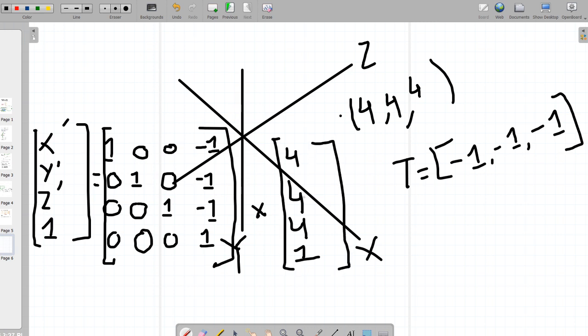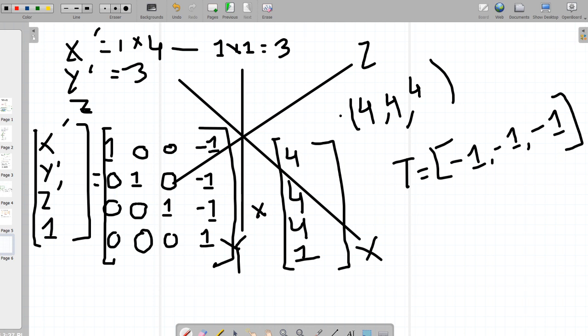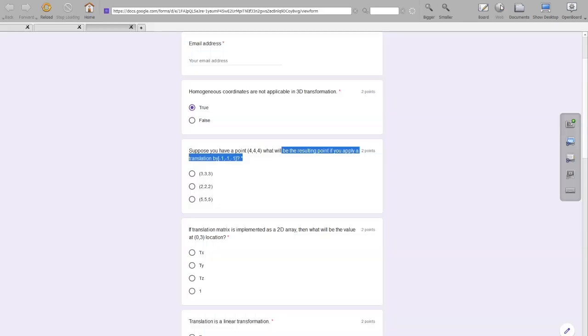If you do this multiplication for x dash, you are going to get 1 multiplied with 4 minus -1 into 1, that is 3. Similarly, for y dash you will get 3, and z dash you will get 3. So the correct answer is the first option, that is 3 3 3. Now let me move to the next question.